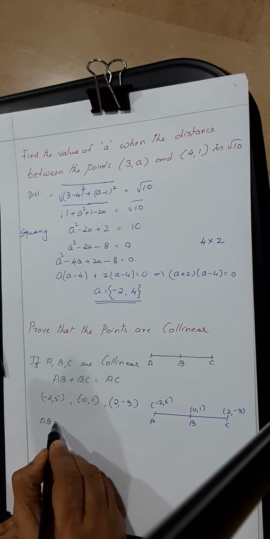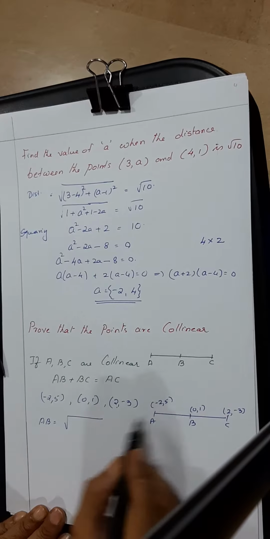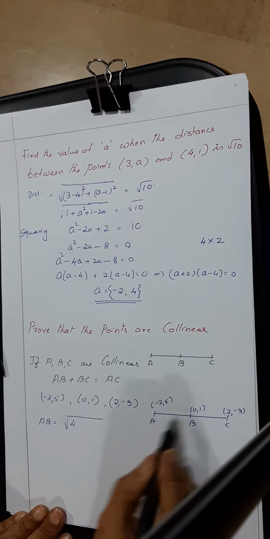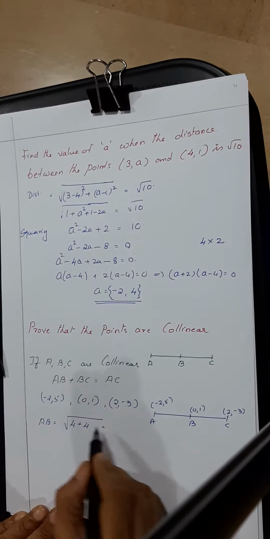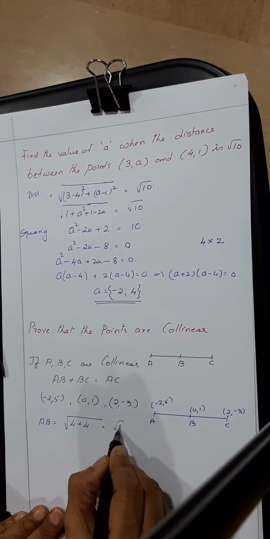We will find the length of AB is equal to root of 4 plus 4 is equal to 8, root 8.